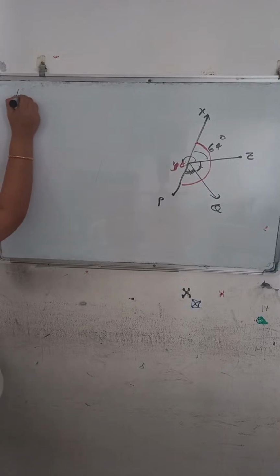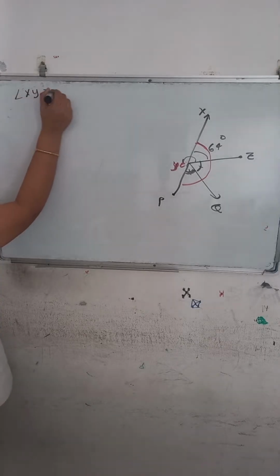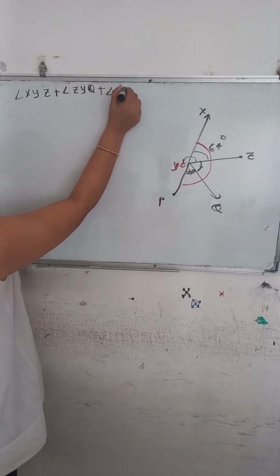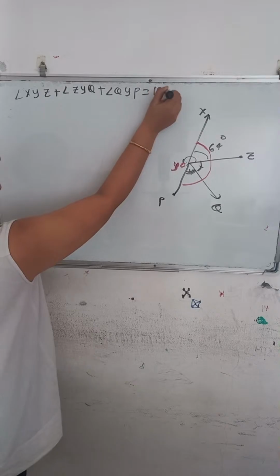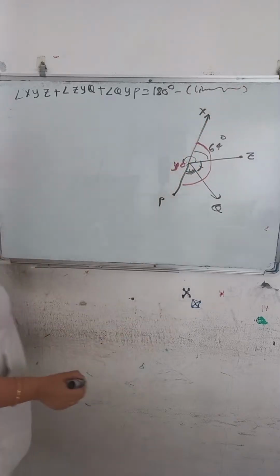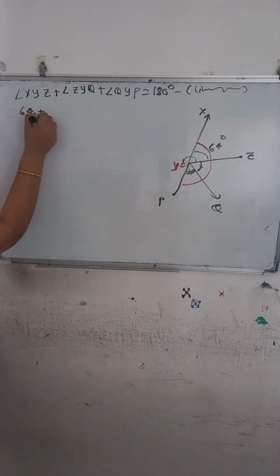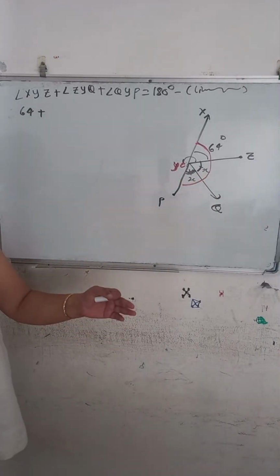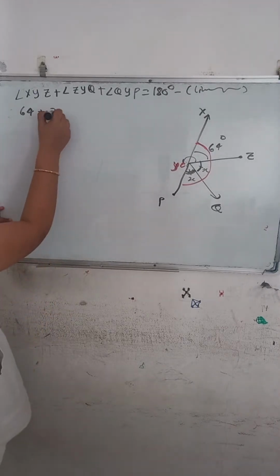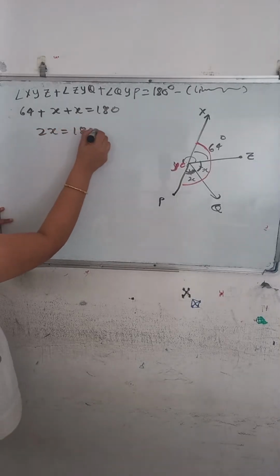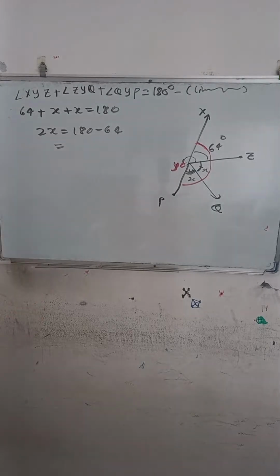So first I will write angle XYZ plus angle ZYQ plus angle QYP equals 180 degrees. They are on a straight line, or we can say a linear pair. Write the reason. XYZ I have 64, and if you assume each of these as X, because bisect means it makes two equal angles, here I will write X plus X is equal to 180 minus 64. So X plus X is 2X. 10 minus 4 is nothing but how much here? 6.